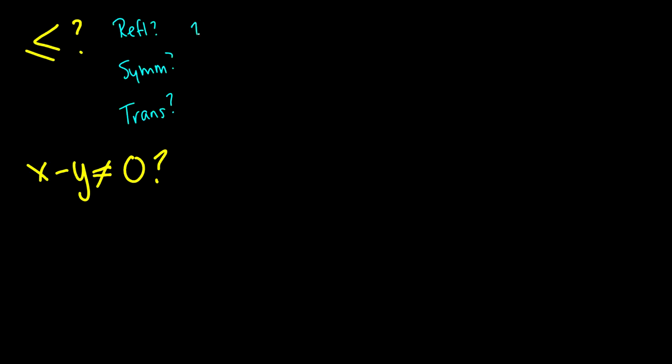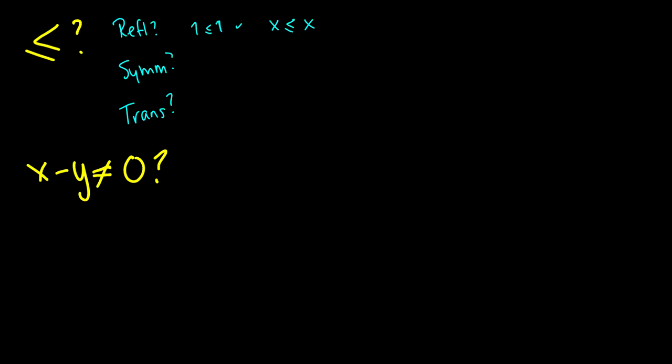So is 1 less than or equal to 1? Yes, it is. If we take an arbitrary number, it's going to be less than or equal to itself, because we have the equality, and we know that x is always equal to x. So it is, in fact, reflexive.